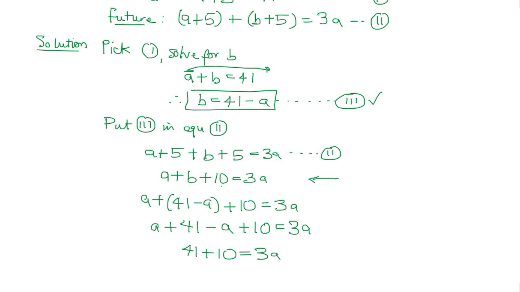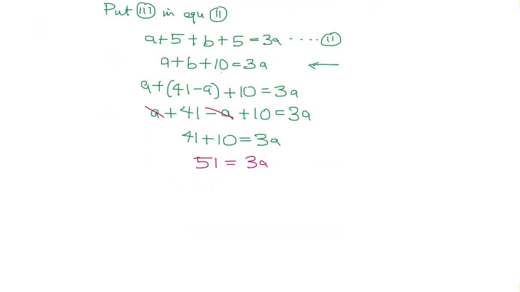So once we have this taken care of, when we evaluate the left side, we add 41 to 10, and that gives us 51 is equal to 3A. And then the next step is to divide both sides by 3 because we want to solve for A. So 3A is equal to 51. Divide both sides by 3, and what we're left with is A is equal to 17.